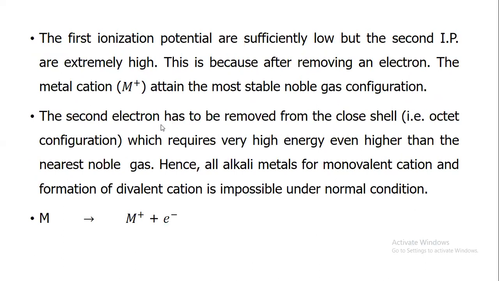The second electron has to be removed from the closed shell, that is the octet configuration, which requires very high energy, even higher than the nearest noble gas. Hence, all alkali metals form monovalent cations, and formation of divalent cations is impossible under normal conditions. The metal loses one electron.